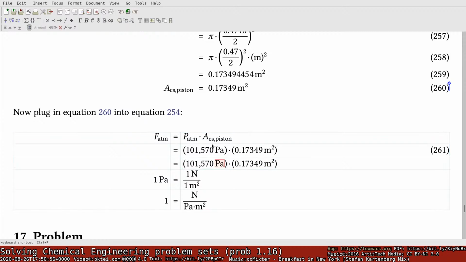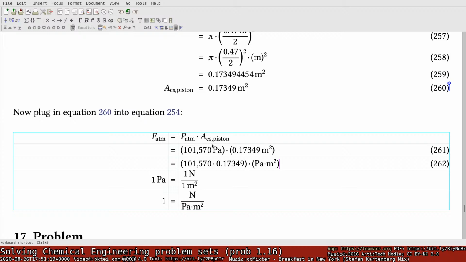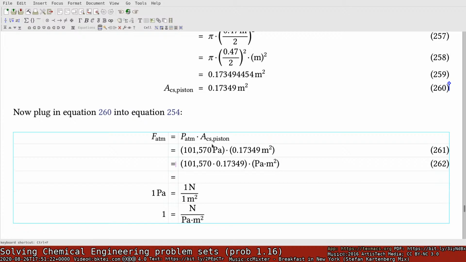Let's pull the units out then. Okay, let's put in our conversion factor.